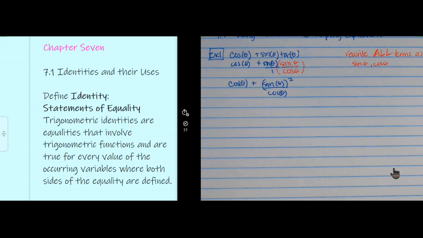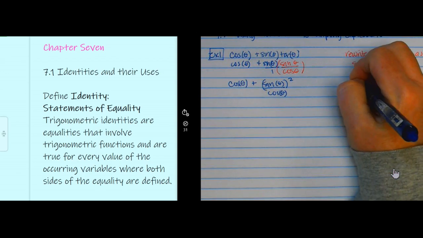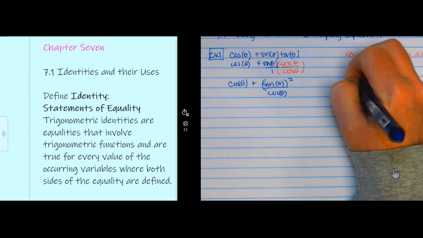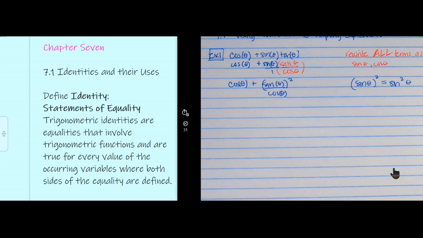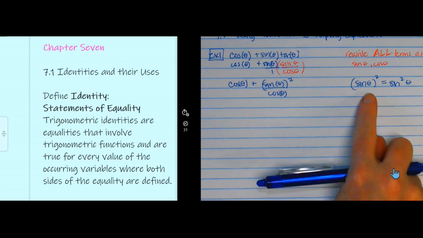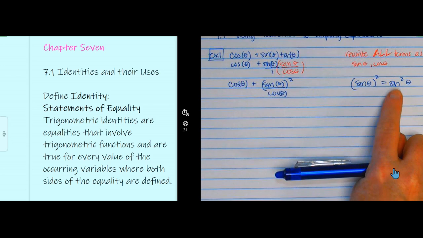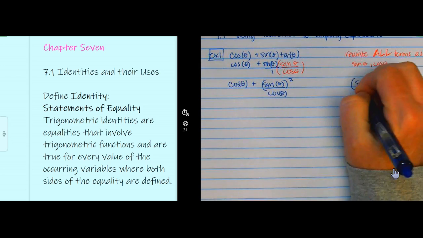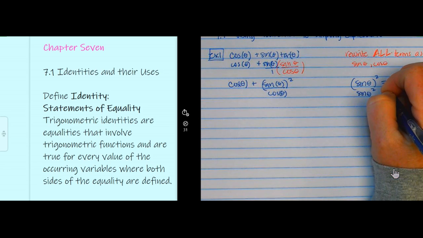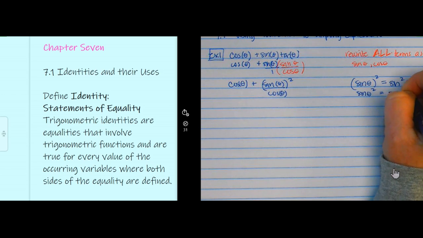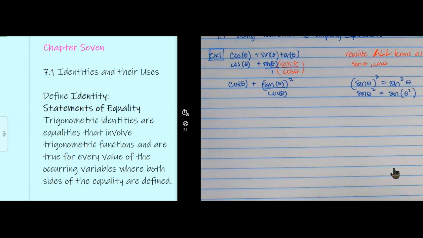Now, for whatever reason, somebody decided that sine of theta all squared is equal to sine squared theta, with the squared being in the middle. These are equivalent, and I will usually write this one, but I just needed you to see what this is. But it's different. You cannot say sine of theta squared is equal to sine of theta, squared.